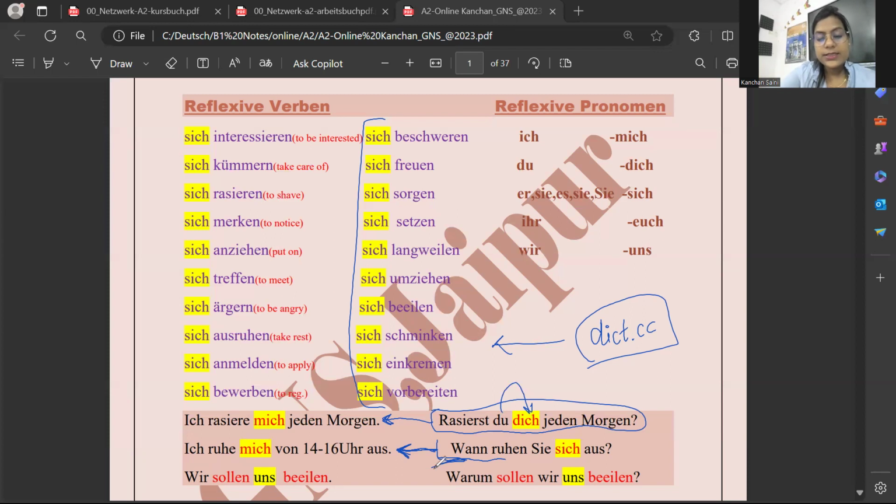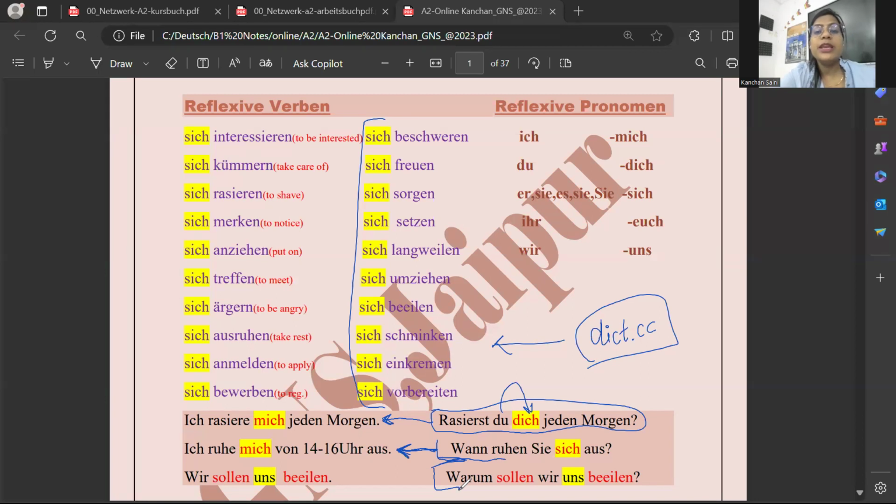See another sentence where we have a W-Frage, but we also have a modal verb. With a modal verb, you have learned that there is always another infinitive verb at the end of the sentence. So the sentence here, W-Frage: Warum sollen wir uns beeilen? Why should we hurry up?